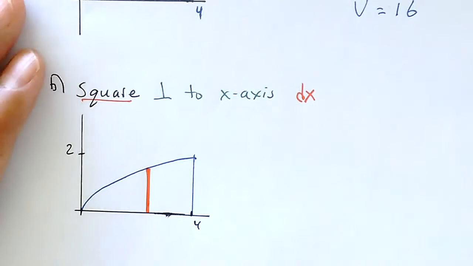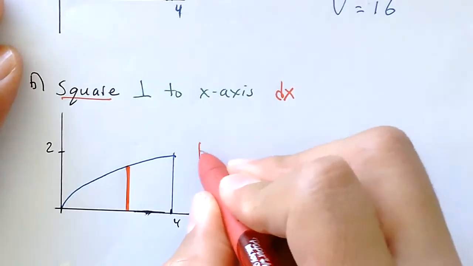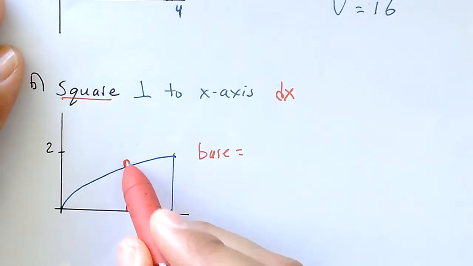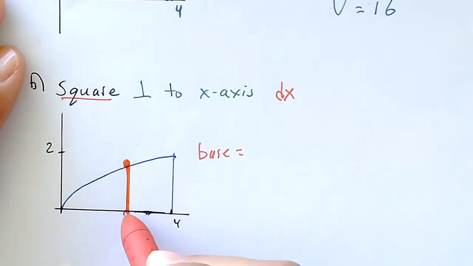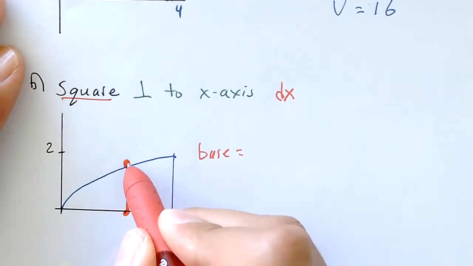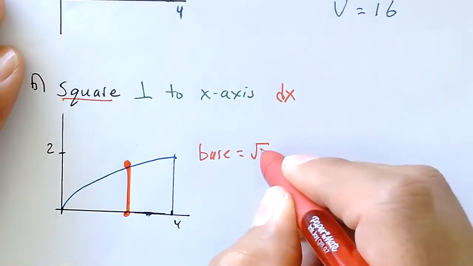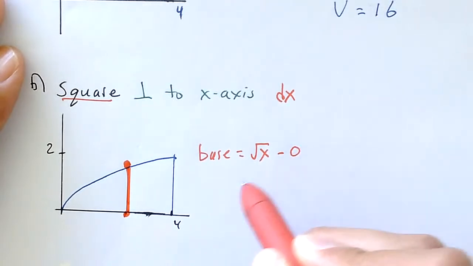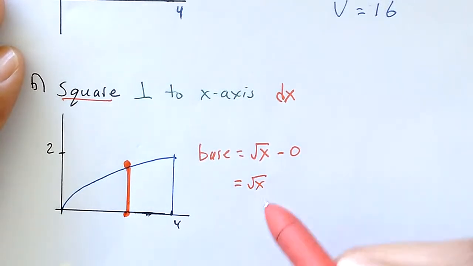This is the base. And to figure out that base, I'm going to do top minus the bottom. And remember we're in dx. So the top is that function, square root of x. The bottom is 0, so I'll write it, but just know that the base is simply square root of x.